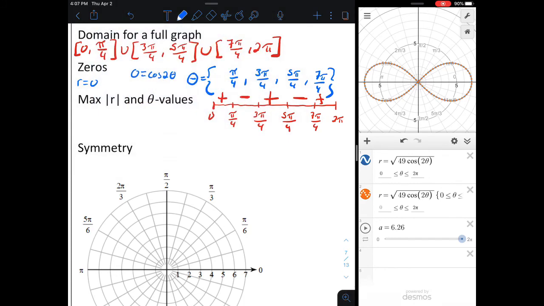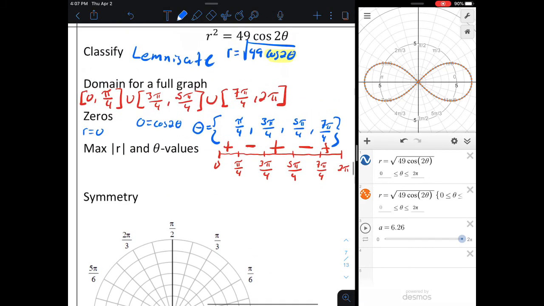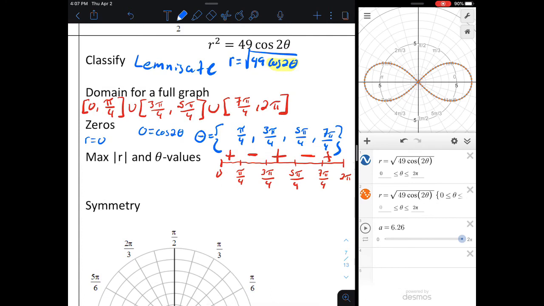Okay, now let's go back to figure out what the maximum values of r are. If I'm looking at this graph, the maximum values of r are on the curve when r is equal to 7. So the max r value, or absolute value, is going to be 7.